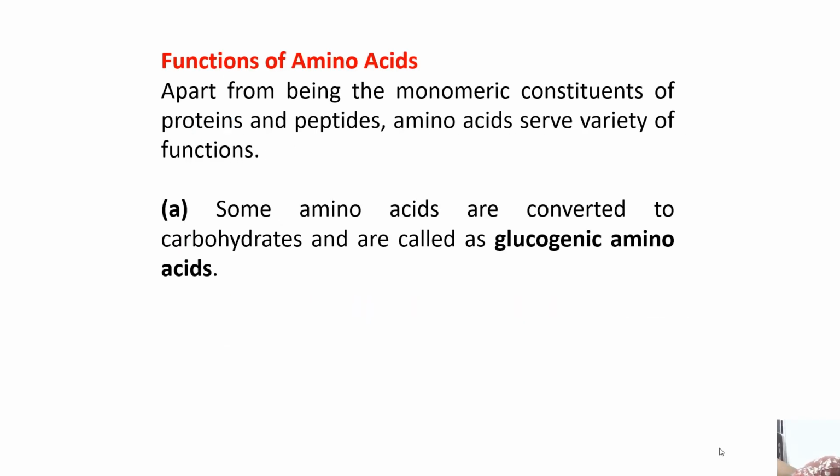So what are some other functions of amino acids? Apart from being the monomeric constituents of proteins and peptides, amino acids can also serve a variety of other functions. Like some amino acids can be converted to carbohydrates and are called glucogenic amino acids.